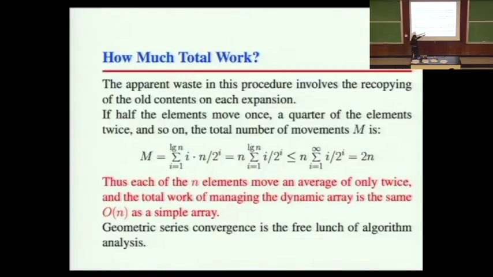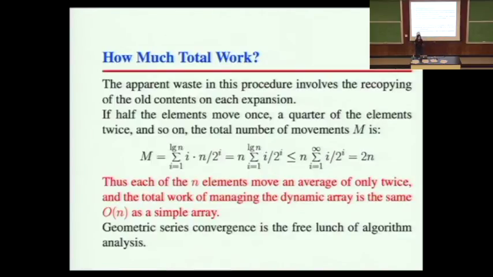And it's not important to know how the series converges. If you look at the summation, you can take n out, and then it just becomes a series. You're doing the summation, i through log n, of i over 2 to the i. And it turns out this series is at most 2. I don't know exactly how that works. But we do know what this part is. If I remove the i in the numerator, what is the sum of that series?